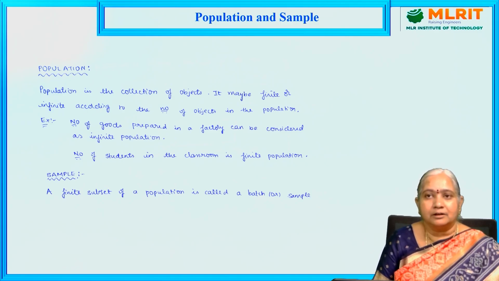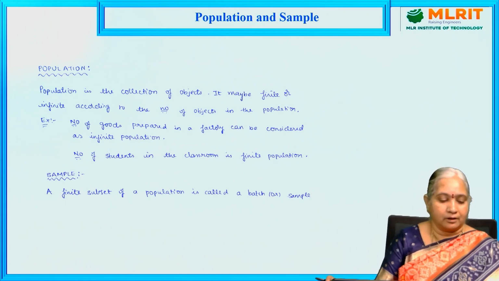Here the population in India is a finite or infinite number of people, and the people in Hyderabad are a subset of the population. That's why the people in Hyderabad are called a sample and the people in India are called the population. So a subset of the population is called a sample.